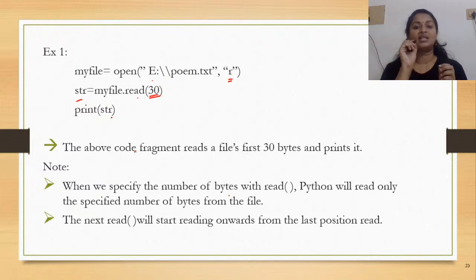From the point where it stopped, the next 30 bytes would be printed onto the screen. So this is how the position gets tracked or moved. If you want to start afresh, you need to close and then reopen the file so that your file handle points to the start of your file, and then you can start reading over again.